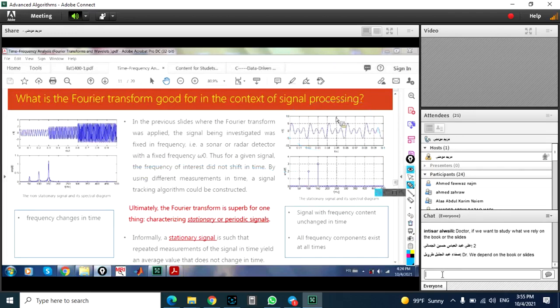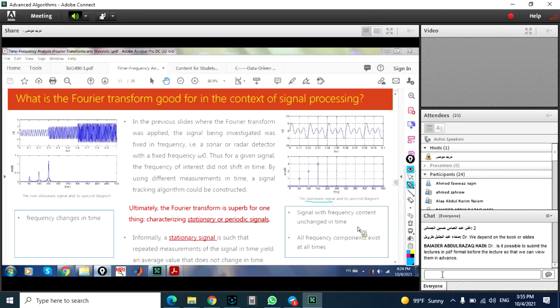We call the right signal a stationary signal: a signal with frequency content unchanged in time. But on the left, we have a non-stationary signal.